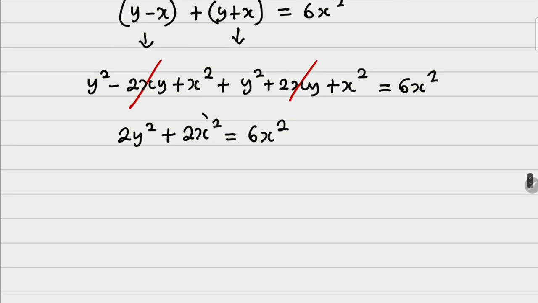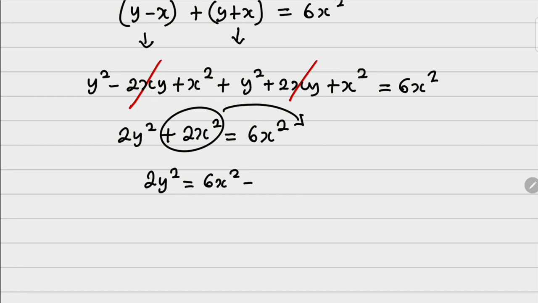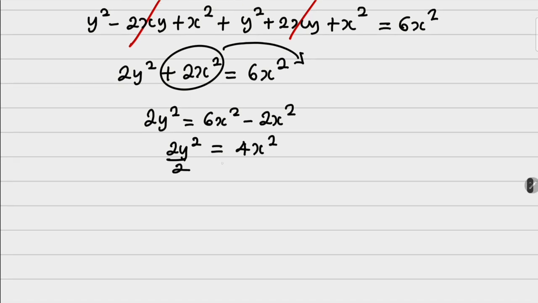Of course, when this goes to the other side, it remains 2y squared is equal to 6x squared minus 2x squared, which will be 2y squared is equal to 4x squared. Now divide both sides by 2. I'm going to be left with y squared is equal to 2x squared. Now take note of this, it is going to be very instrumental for us to work out things.